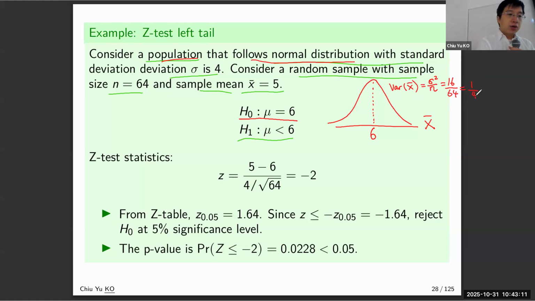So now what we see, the data is 5. So we're here. Okay. And this 5 is in favor of H1.